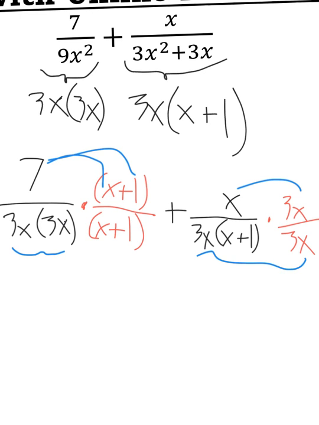And so I'll have 7 times x, that's 7x. 7 times 1, that's 7. Plus x times 3x is 3x squared. And so what I like to do is, rather than having to rewrite it again, 3x squared, that's a higher degree.